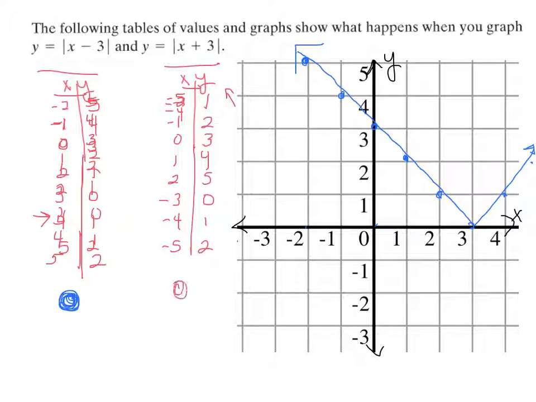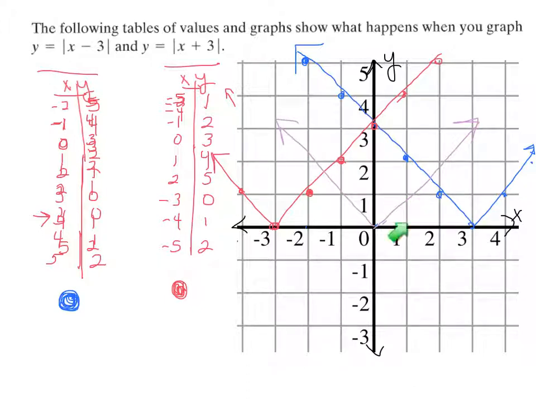Now I'm going to graph the second one in red. Negative 2, 1, negative 1, 2. If I graphed all of these, it'd look like that. Now your parent function, remember, is right in the middle. I'm going to put that in purple. This is your parent function.